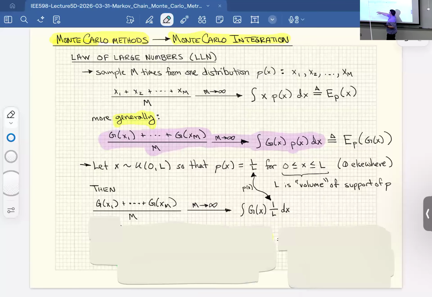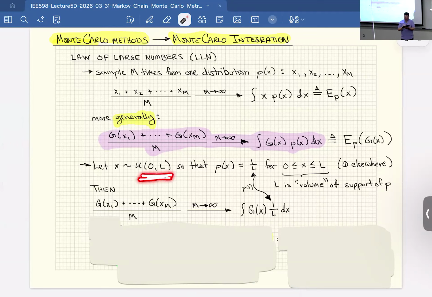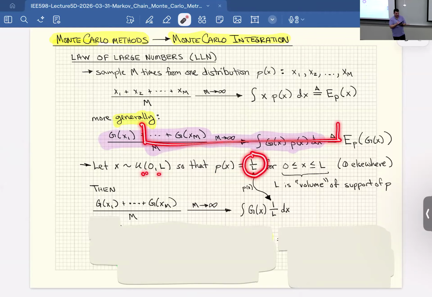Well, let's let X be sampled from this distribution, a uniformly distributed random variable between 0 and some length L. So then the probability, or I guess I should say the density, so this is a probability density for any one of the points in here is 1 divided by L. So it's just a uniform distribution from 0 to L, where the probability density across there is 1 over L across this whole boxcar.